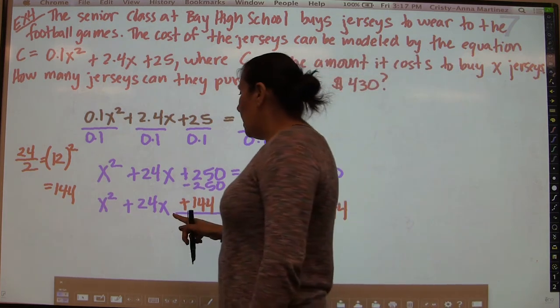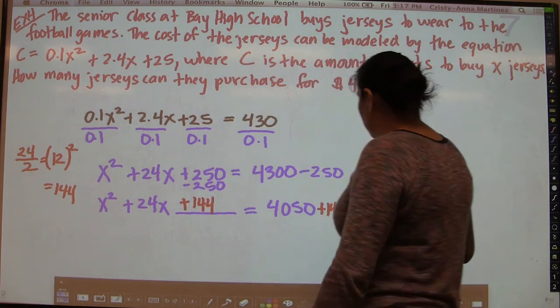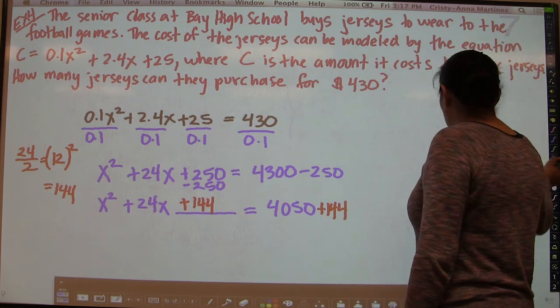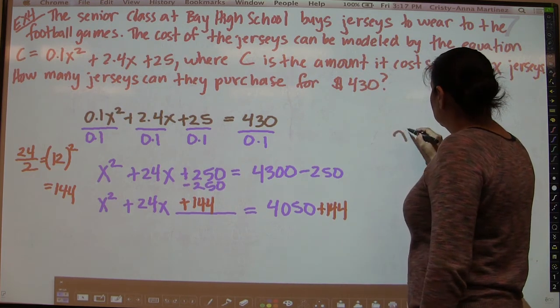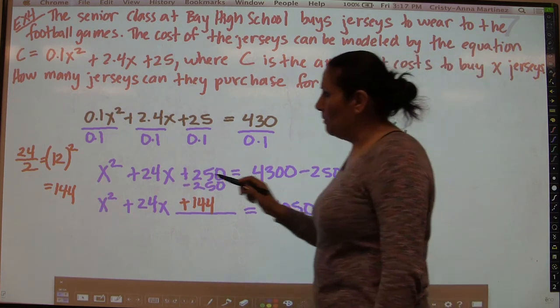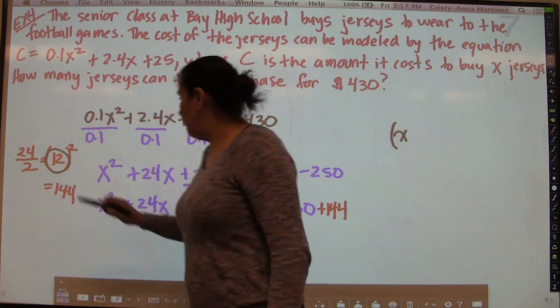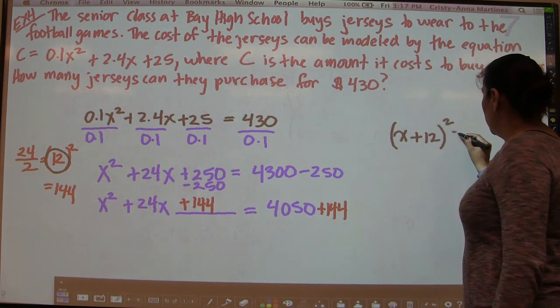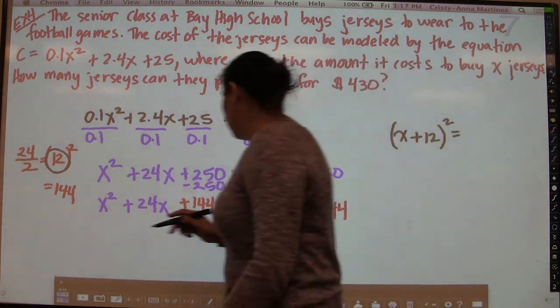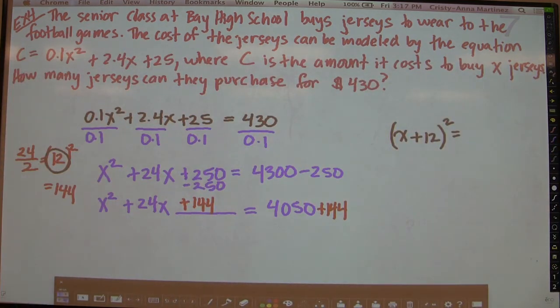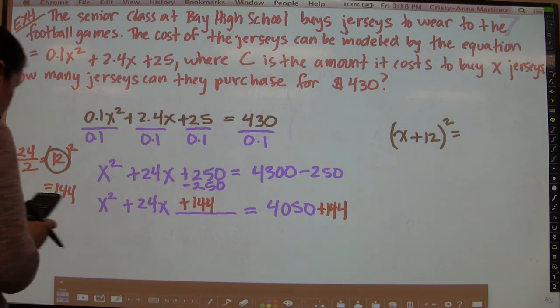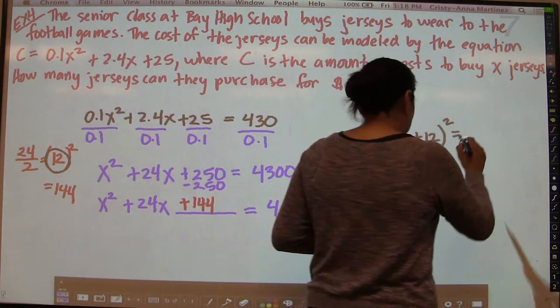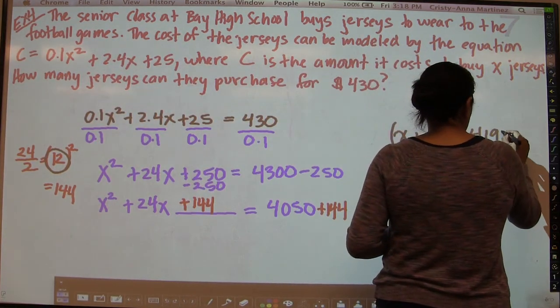And because I know I completed the square and I'm guaranteed a perfect square binomial, I'm going to write x, and because the number before I squared it is positive 12, I'm going to put x plus 12, quantity squared, equals 4,050 plus 144, which is 4,194.